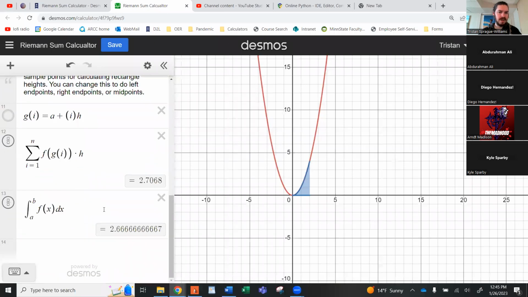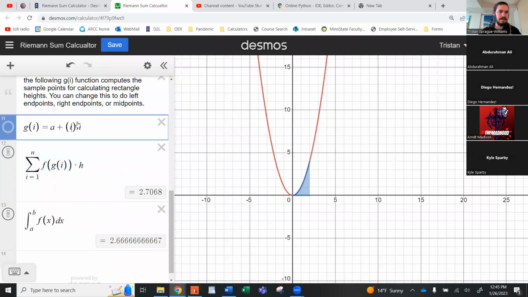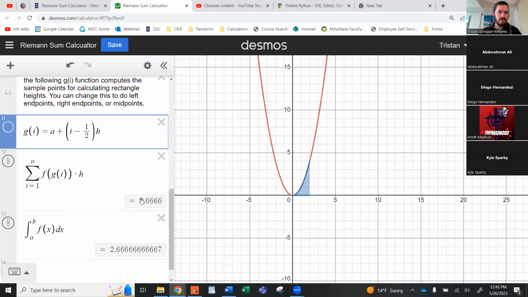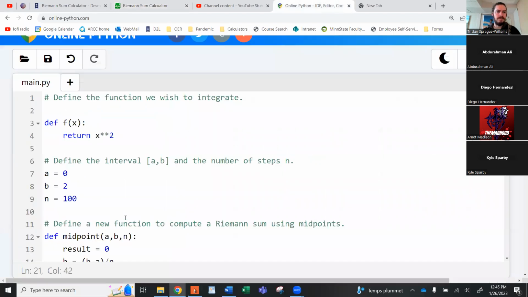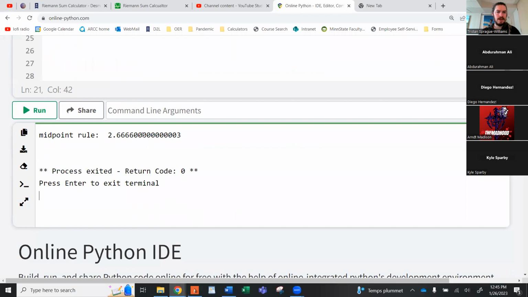Well, actually, oh no, there we go, 2.6666. Yeah, that's good. And the actual value of the integral is 2 2/3. So it's doing a pretty good job of approximating that 2 2/3 for us.